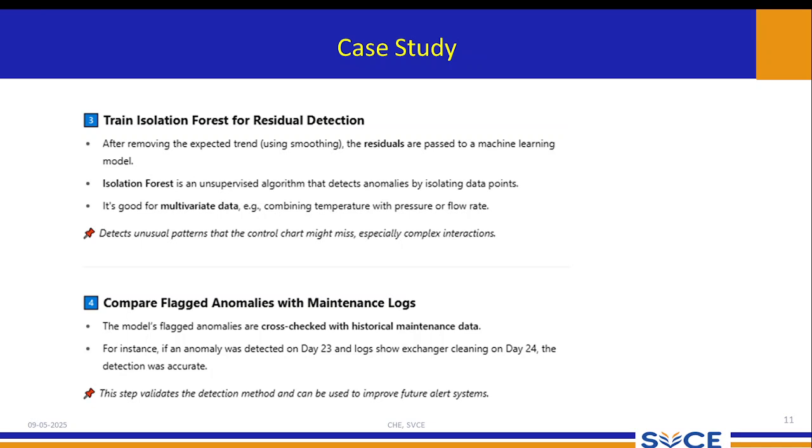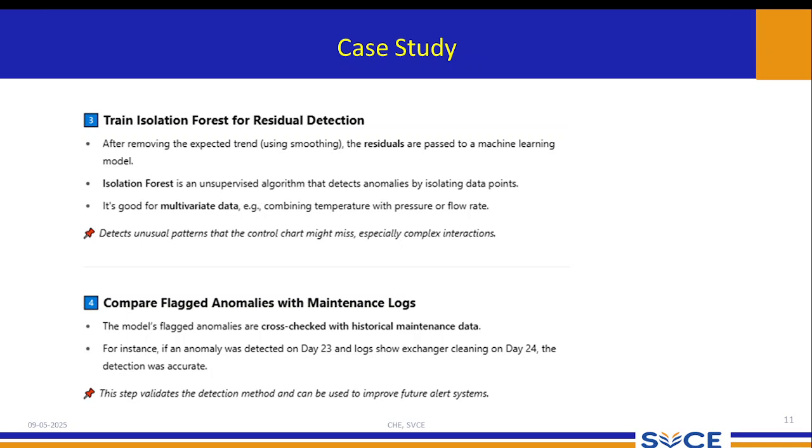It detects unusual patterns that our control chart might miss, especially complex interactions. Why do we need combined techniques, statistical and residual-based machine learning? Because that helps with more fine tuning, so even a small variation can be caught.